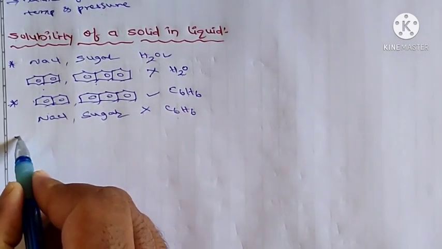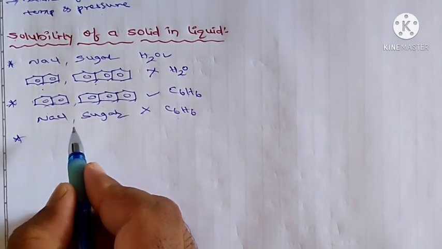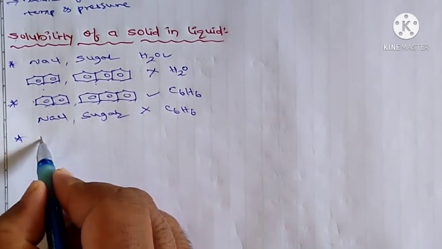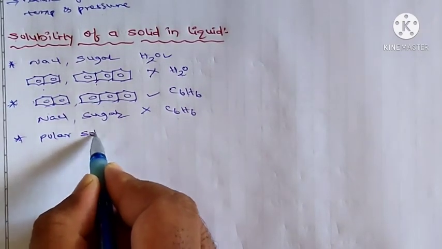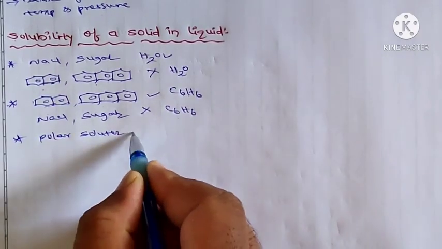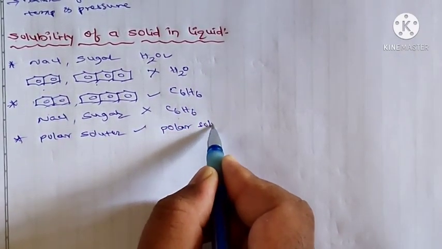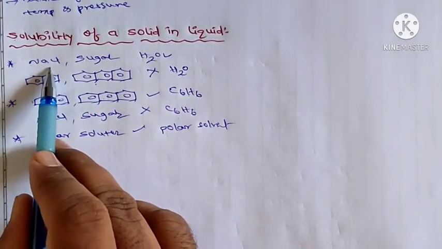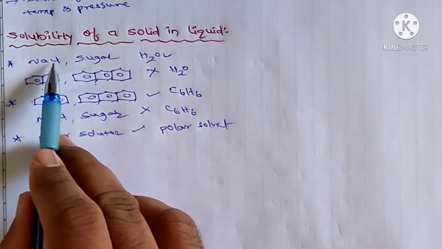So here we can observe that polar solutes dissolve in polar solvents. NaCl and sugar are the polar solutes.